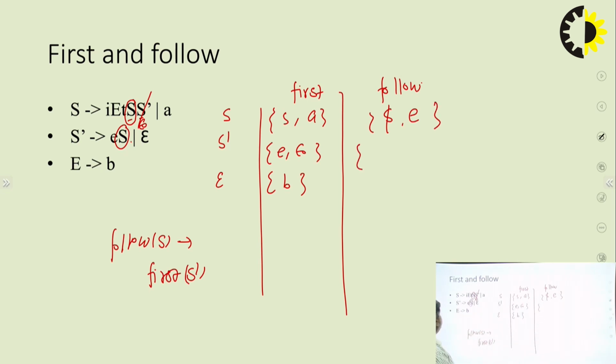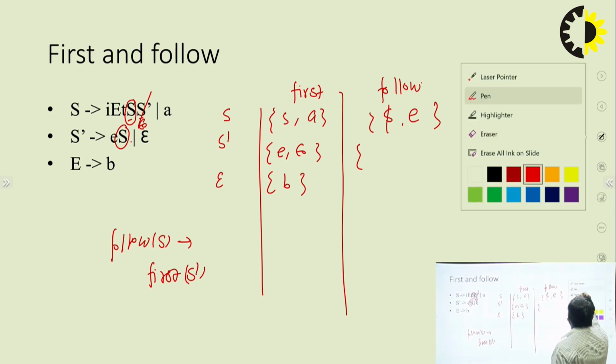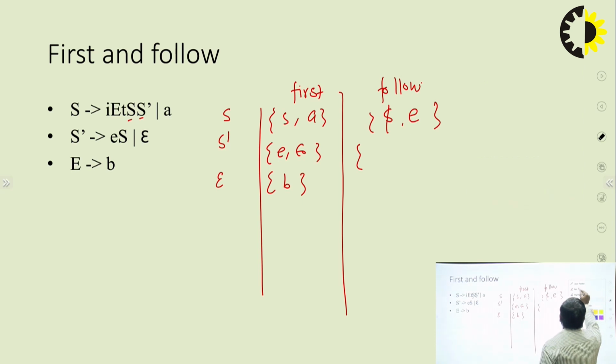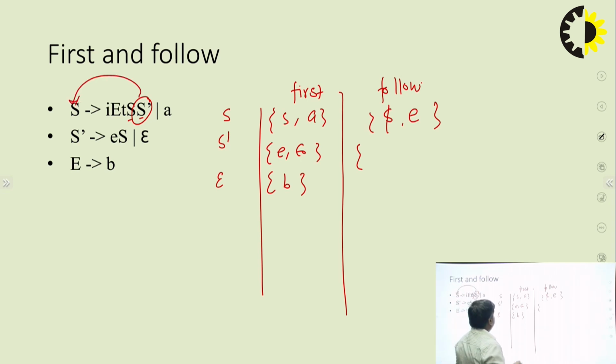Now what is the follow of S dash? S dash comes only in a single production. In only a single production S dash comes here. Then what is the follow of S? If S does not follow any terminal or non-terminal, then the follow of S is equal to follow of S. Then dollar and E. Now same, dollar and E. And what is the follow of E?